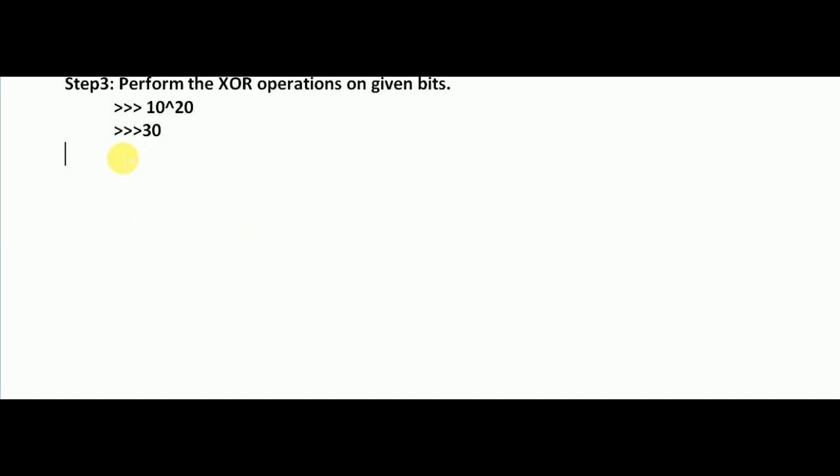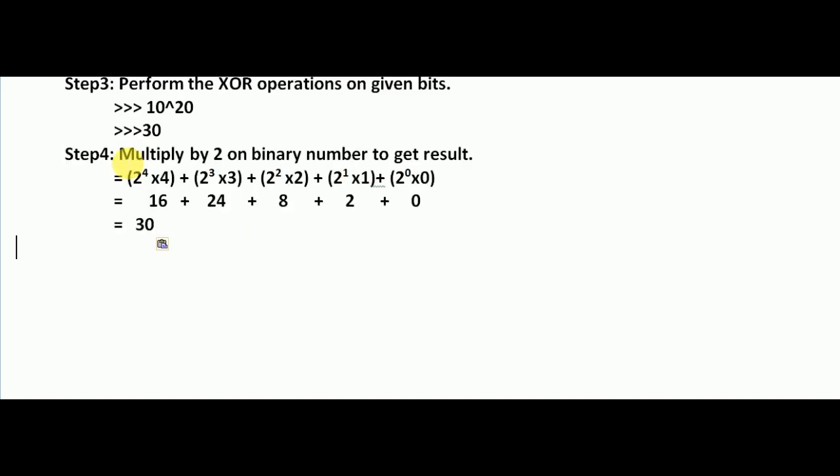Now the final step. In this step, we multiply each digit of the binary number by powers of 2 to get the result. So here the first digit will be 0.